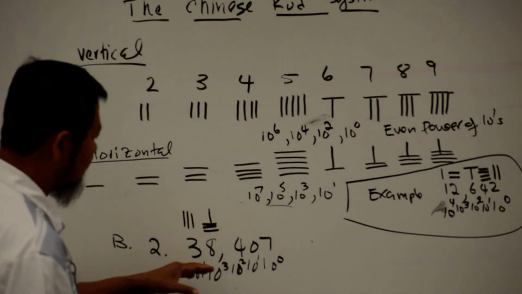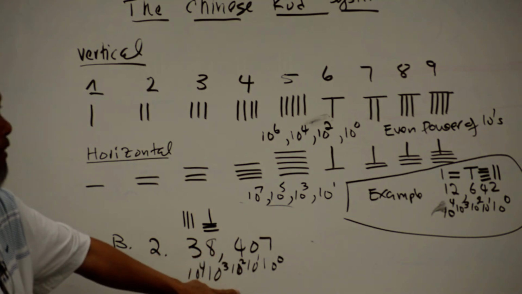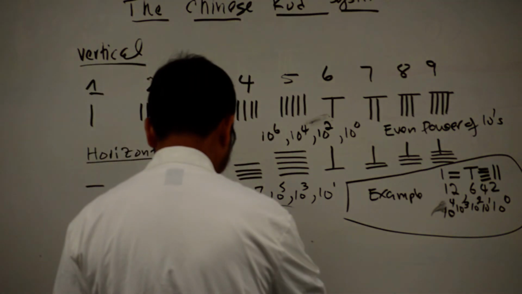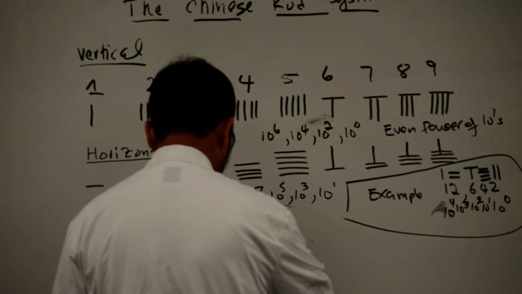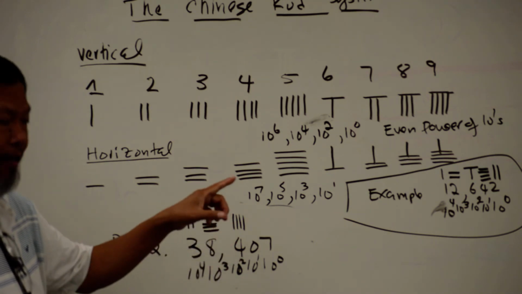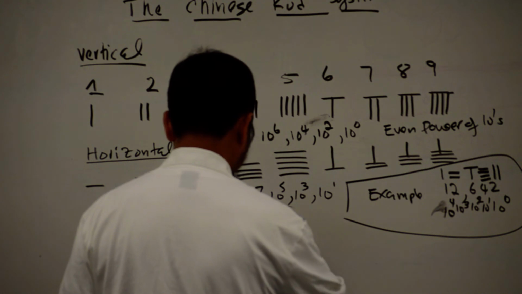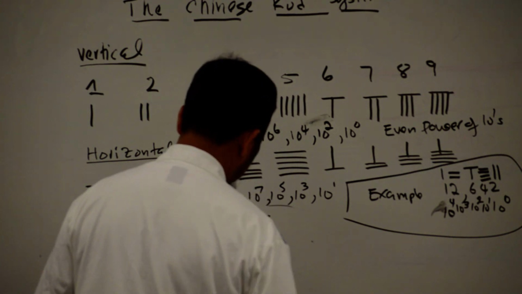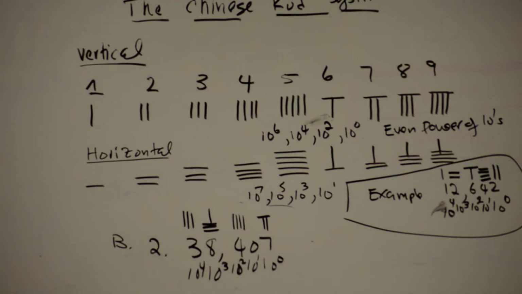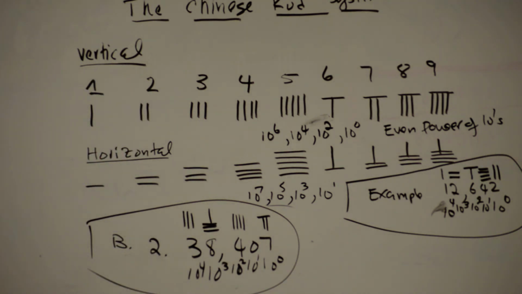There's a space there. Then 400, 10 to the 0. So we have a vertical arrangement, and 0 is going to be a space in the Chinese rod system. So we go back to a 7 here. Any questions or comments? So this is the answer.